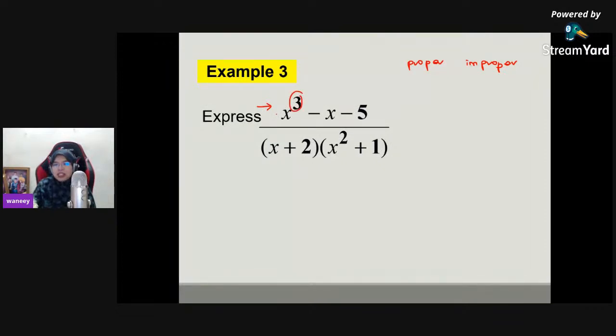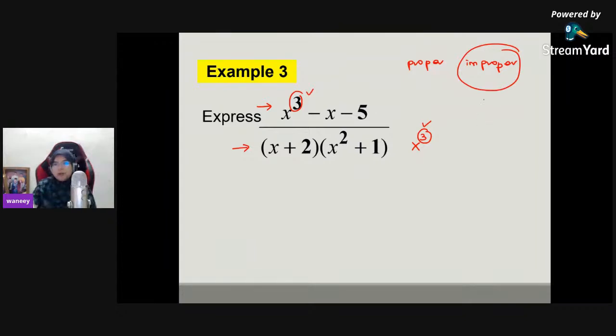So the degree is 3. For my denominator, we should try to expand first. So we are going to get something with x cubed. So again, the power is the same for my numerator and my denominator. Therefore, this is actually the case for improper fraction.